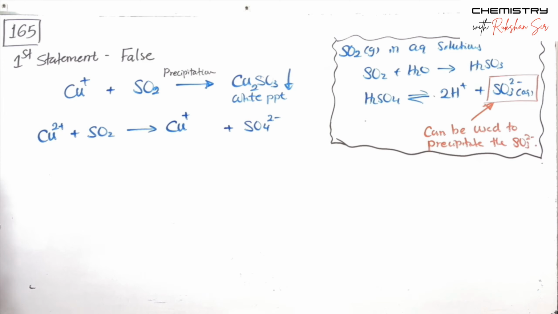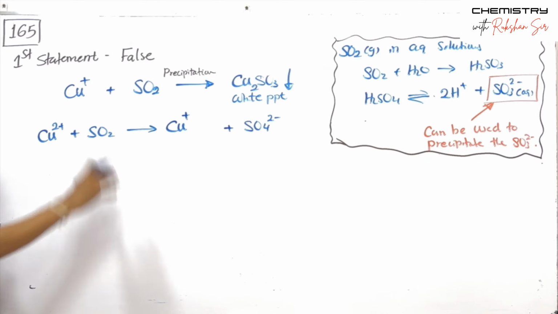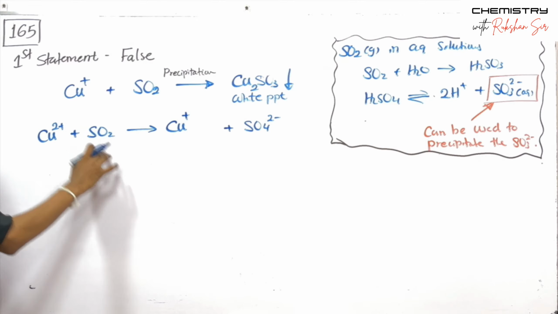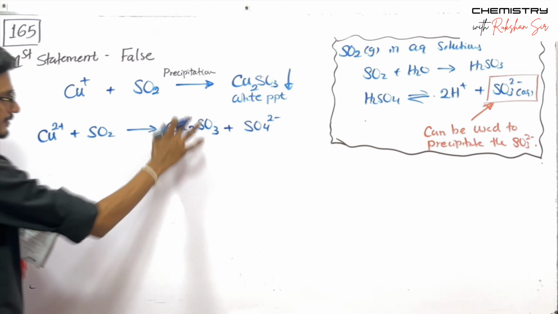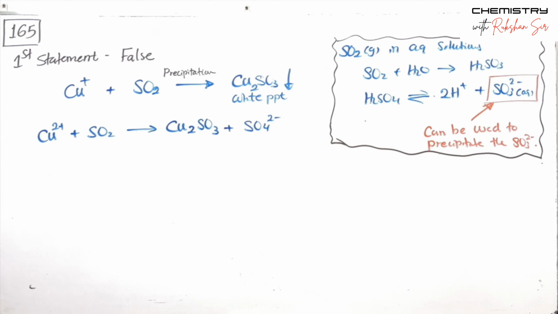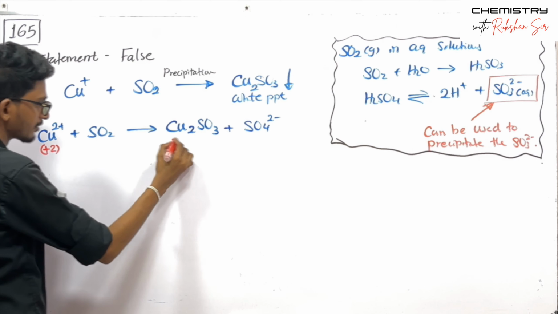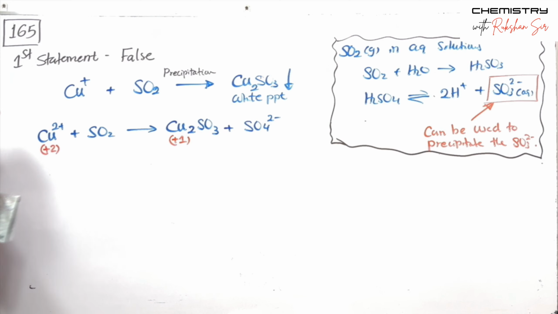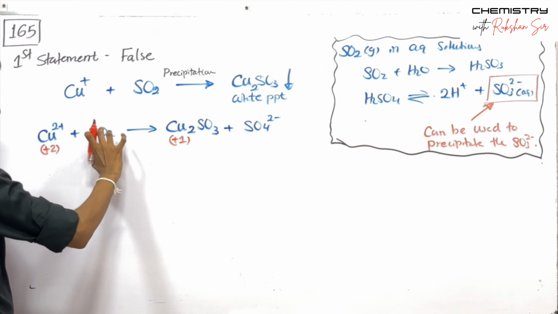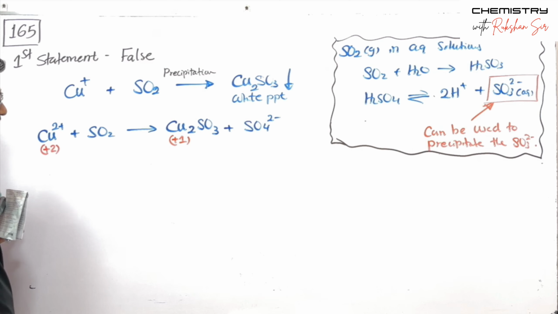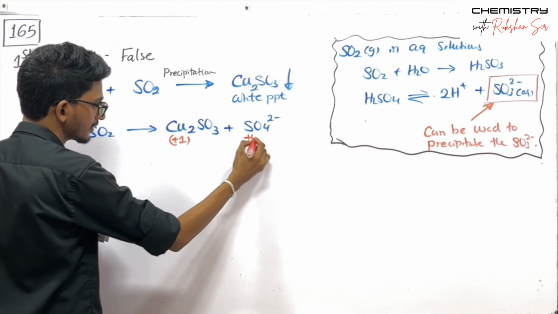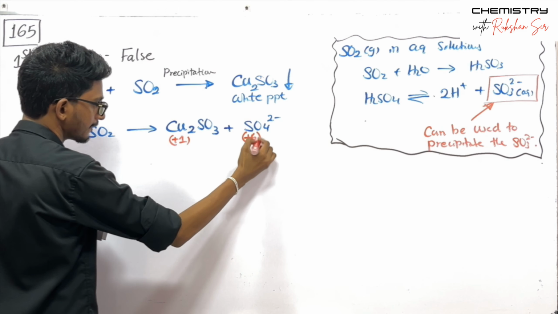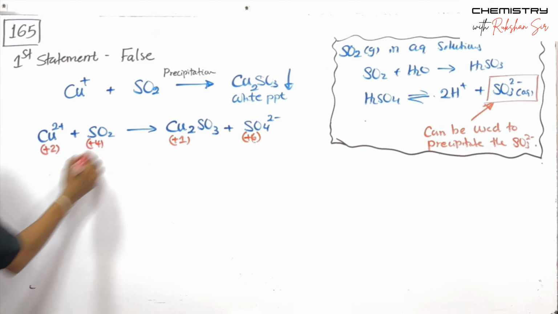And then the excess of SO3 2 minus will get precipitated with this one. It's a reduction precipitation. So you have the plus 2 here, it is first reduced to plus 1 and combines with the excess SO3 2 minus ions to get the precipitate, and while that happens, SO2 oxidizes to SO4 2 minus. So it is kind of a redox precipitation.